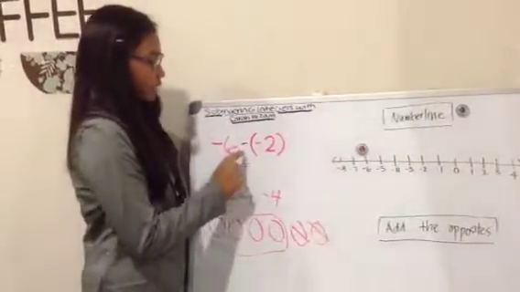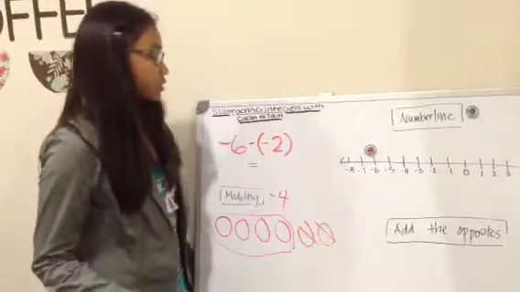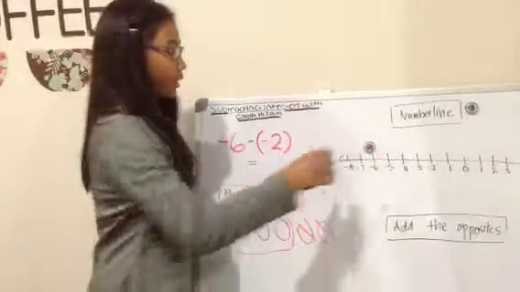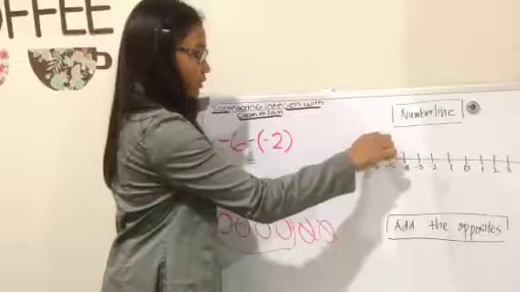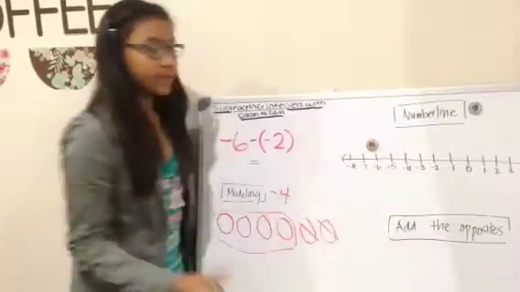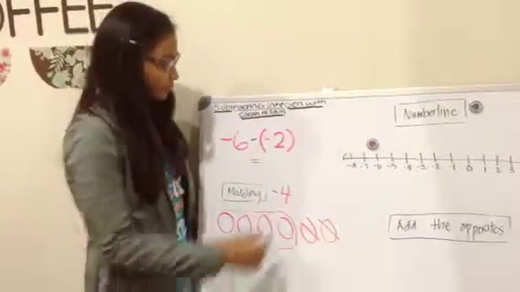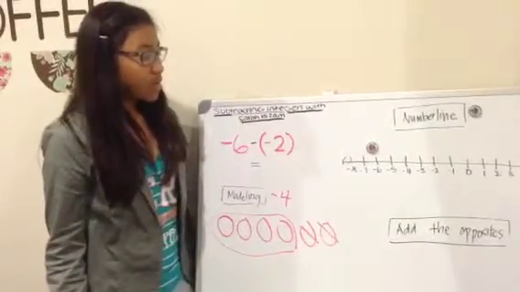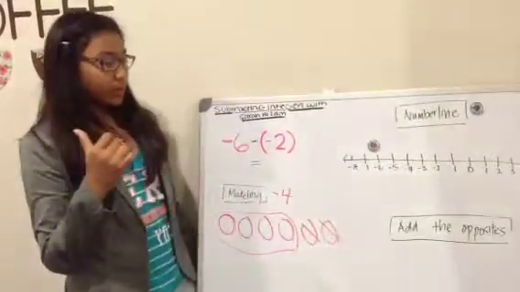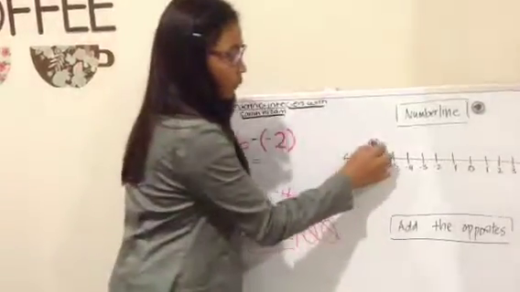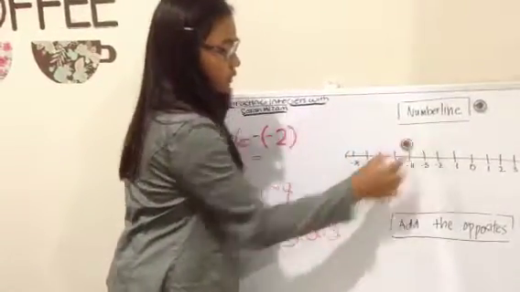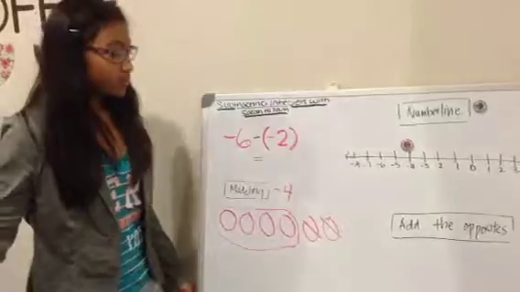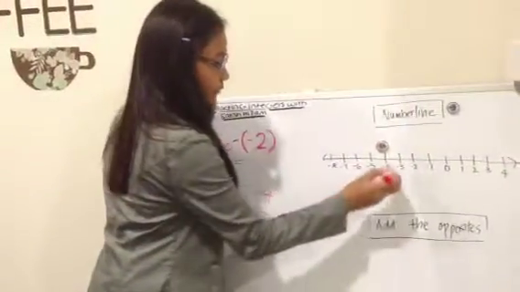Then it says to subtract, so we have to flip our direction and look the other way around, towards the negative direction. The second integer says negative 2, so we have to go backwards 2. 1, 2. The answer would be negative 4.